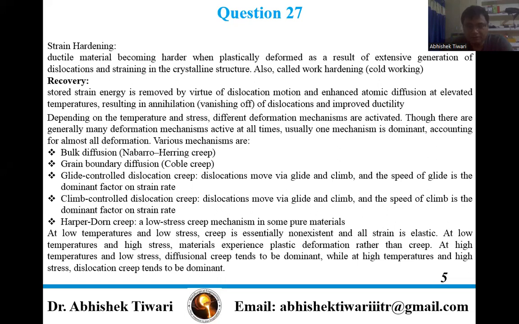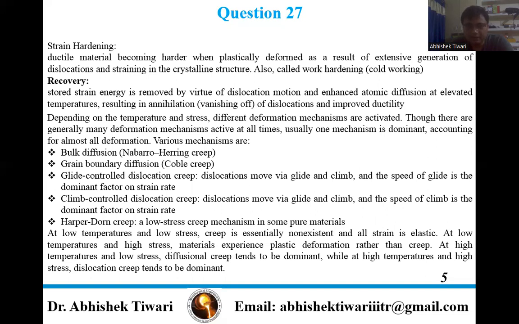Depending on the temperature and stress, different deformation mechanisms are activated. Though there are many deformation mechanisms active at all times, usually one mechanism is dominant, which accounts for almost all deformation.